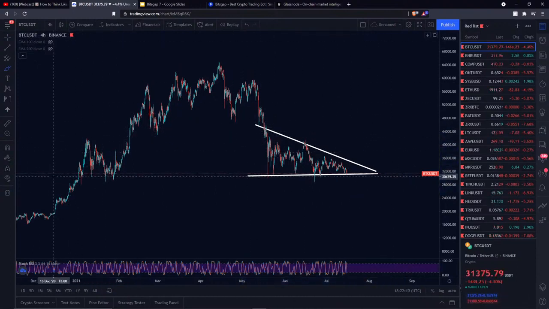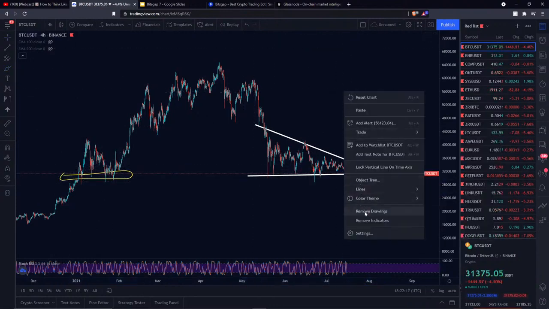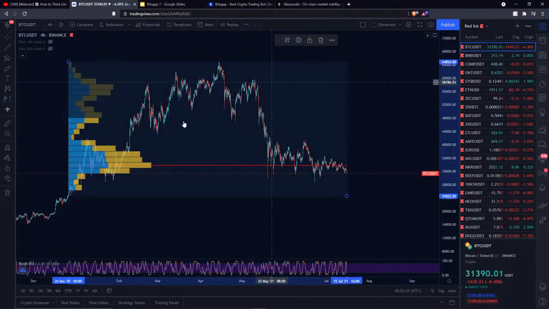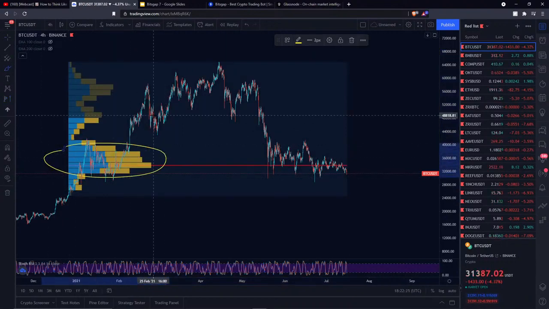So it pretty much exactly corresponds with the support line that was formed before. And as long as the price of Bitcoin remains within this range of the most volume being traded, that's an okay scenario. It pretty much tells us that there's nothing to worry about as of now.